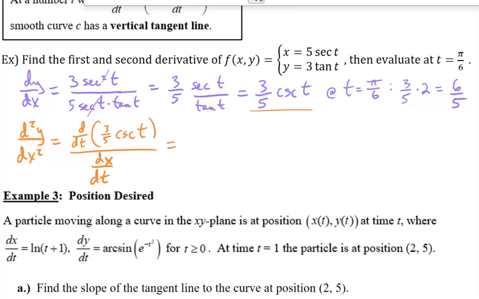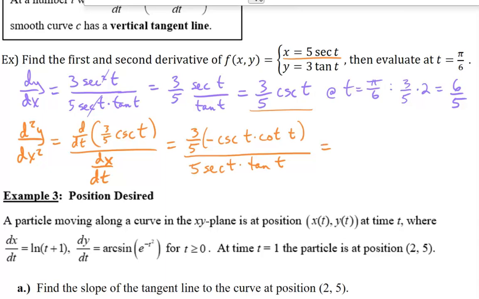Okay, so then the derivative of this, let's leave the 3/5 in front, and the derivative of cosecant is negative, I'm using parentheses so it doesn't look like I'm subtracting, negative cosecant t times cotangent t over another dx over dt. So back to this, its derivative is 5 secant t tangent t.